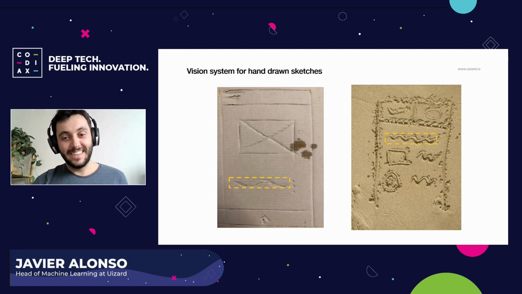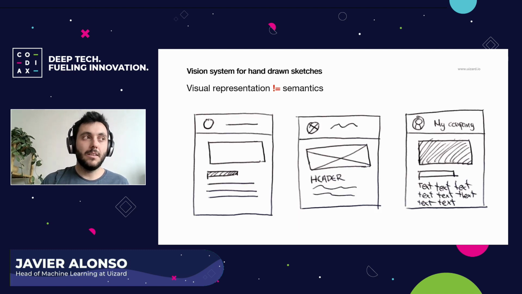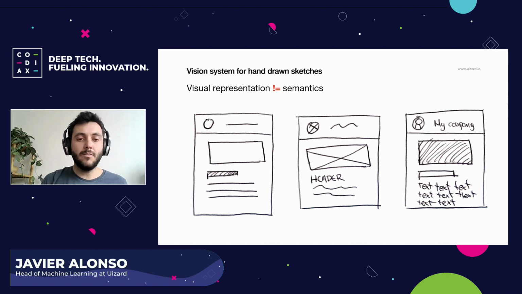So, yeah, it turned out that this problem was quite complicated from a machine learning perspective. And one of the main reasons that makes this complicated is that visual representation doesn't mean semantics. And this is a common problem, not only for this particular task, but in general for any sort of task in the design field, as well as any sort of task that involves sketches.